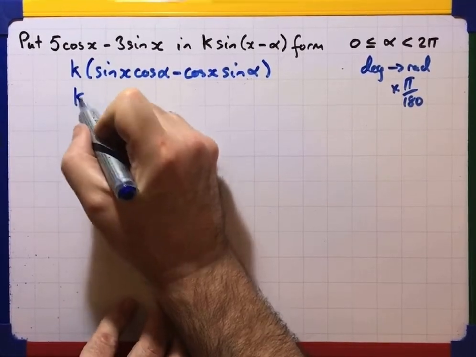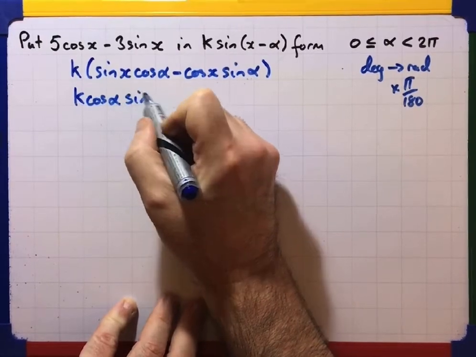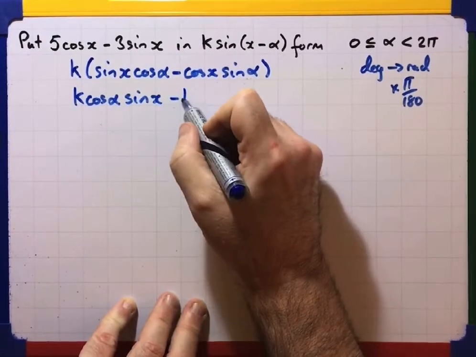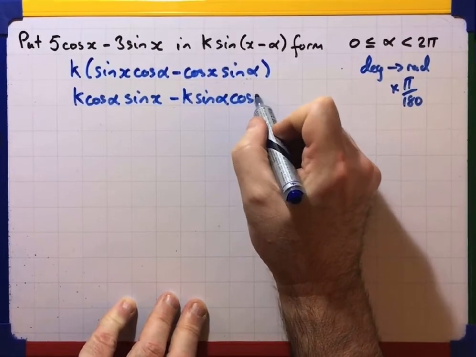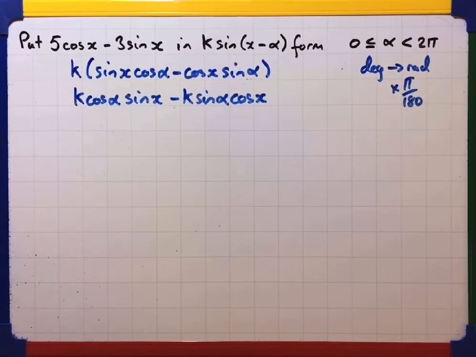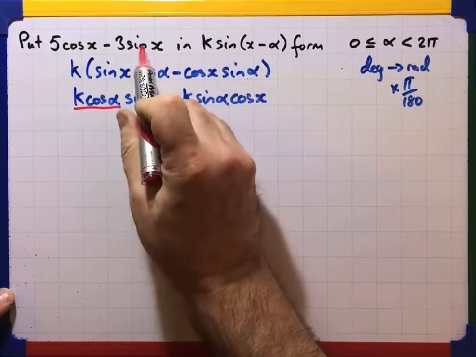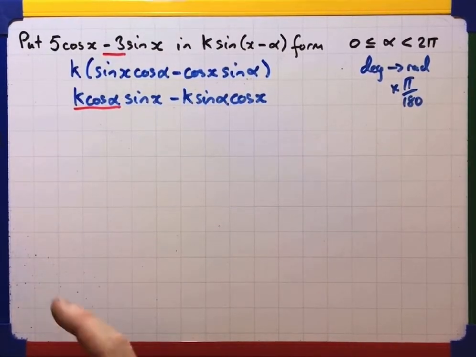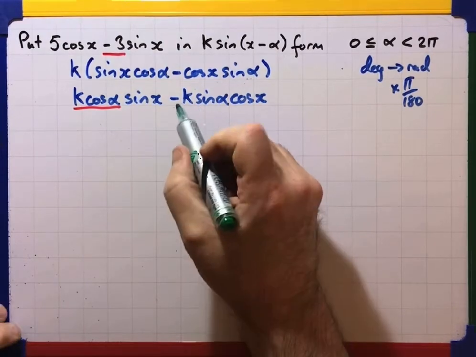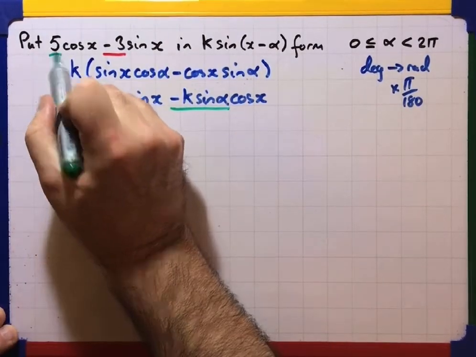So k cos alpha sine x minus k sine alpha cos x. Then we're going to compare. That's the bit in front of the sine x, so that's the minus 3. And that is the bit in front of the cos x, so that would be the 5.